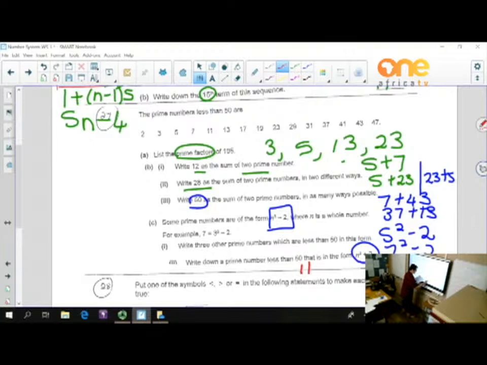I have 11 squared plus 2, which is equal to... Write down a prime number less than 50 that is in this form. No, this is not going to give you 13. So you'll have to error and trial until you can find one there.